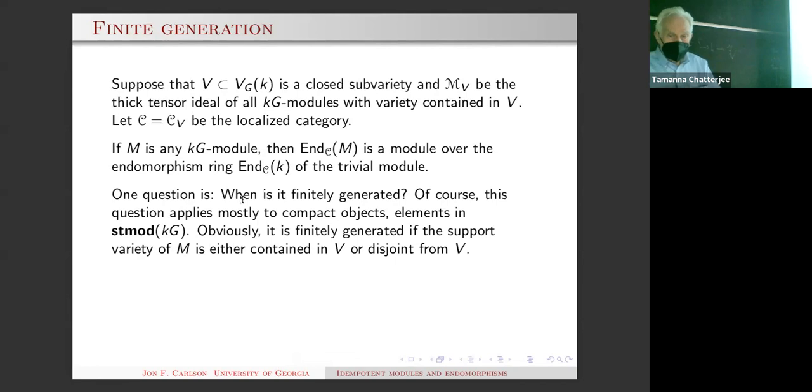So as I say, when is the endomorphism ring of a module finitely generated over the endomorphism ring of the trivial module? And it actually really only applies to compact objects, that is, finitely generated modules.